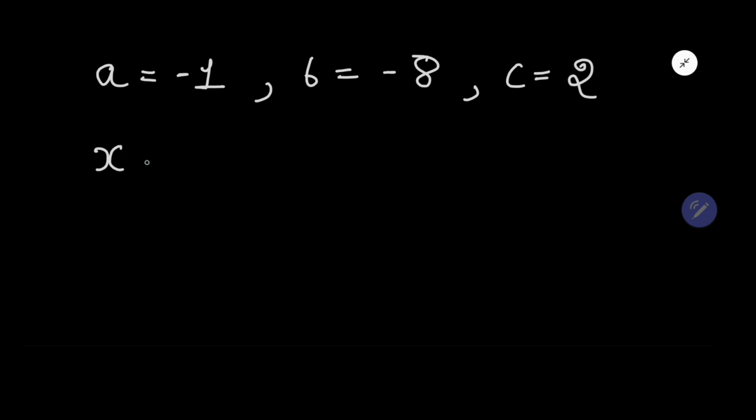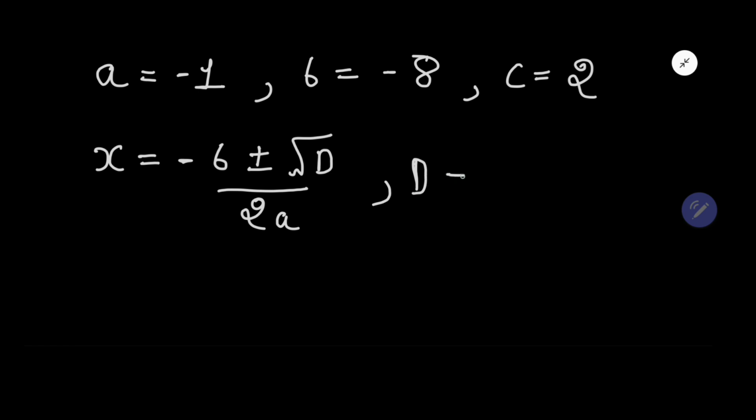So the formula to find the roots of a quadratic equation is x is equal to minus b plus minus under root d upon 2a. So firstly we will find the value of d, which is the discriminant, and its formula is b square minus 4ac.